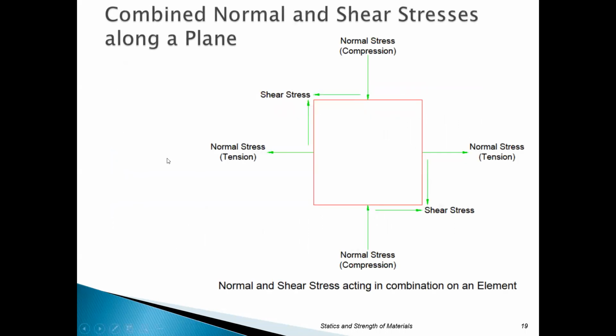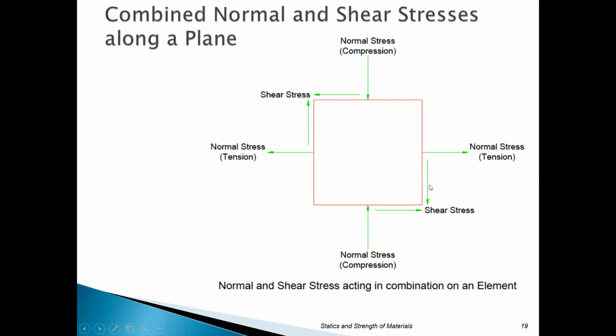This represents an infinitely small piece of element of whatever your member is. And you can notice what's going on here. You have this face, which would be a Y face, and this face, which is a Y face of your element. And this is a normal stress developing, and in this case, it's in compression.